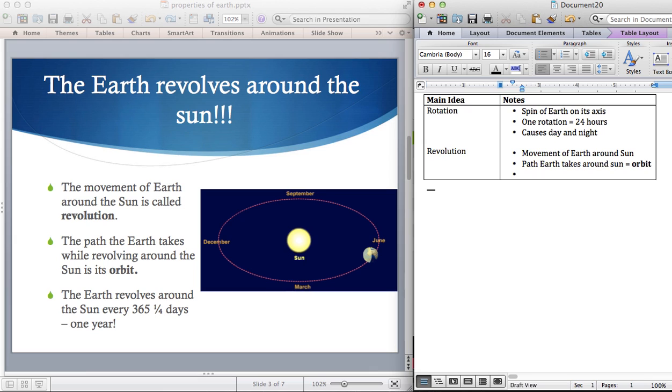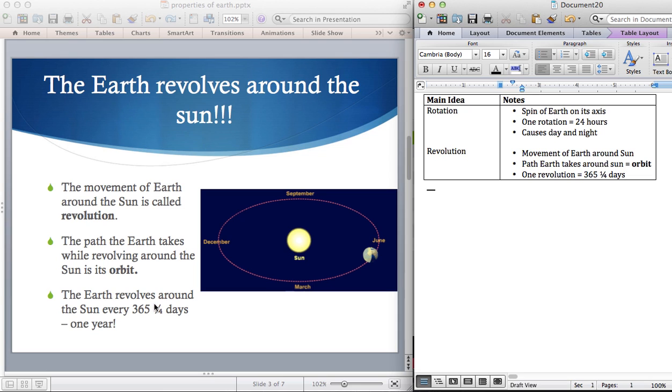And one revolution takes 365 and a quarter days, which is 1 year. Right? And every 4 years, we don't have quarter days in our calendar, but you'll notice that every 4 years we do add an extra day, and we call it a leap year.